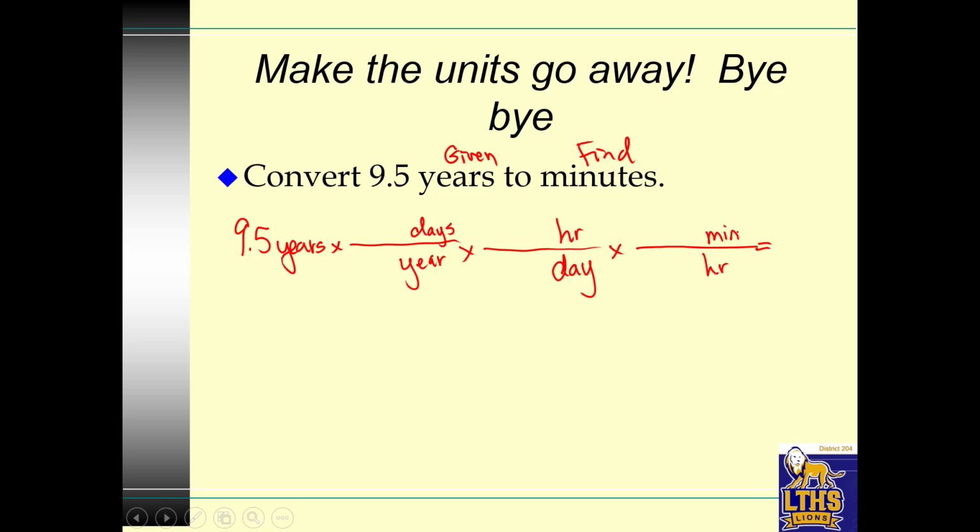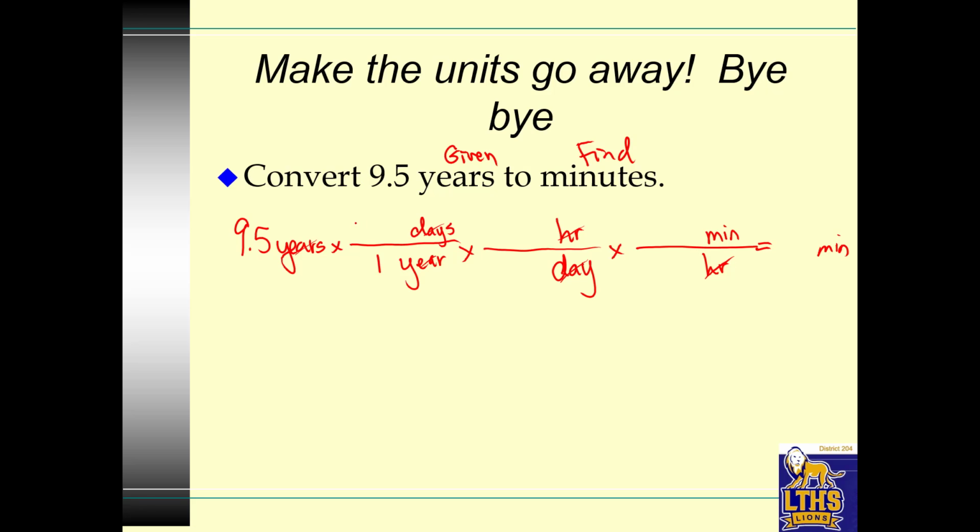If I follow this pathway, the years are going to cancel out, the days are going to cancel out because it's top and bottom, hours over hours is going to cancel out, and I'm going to be left with minutes. As long as I make these true statements, I'll be able to convert years into minutes.